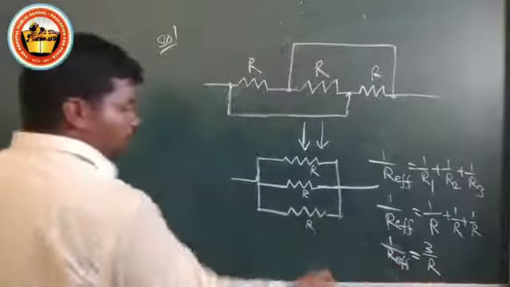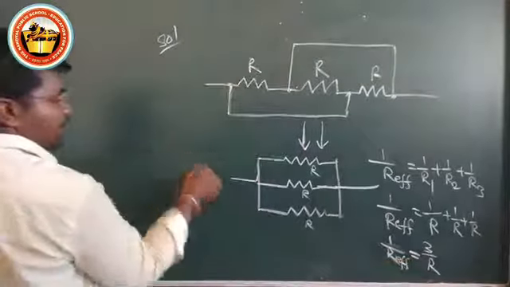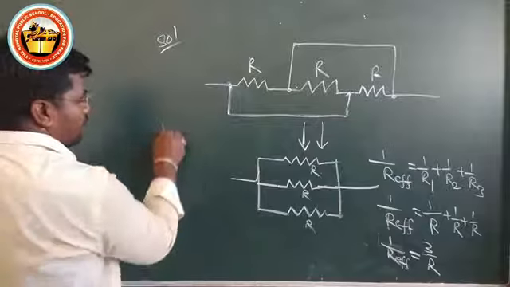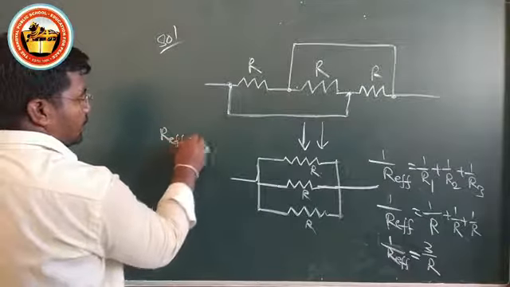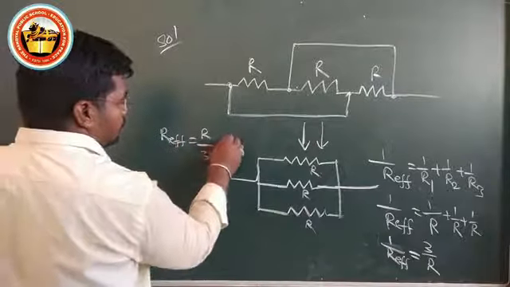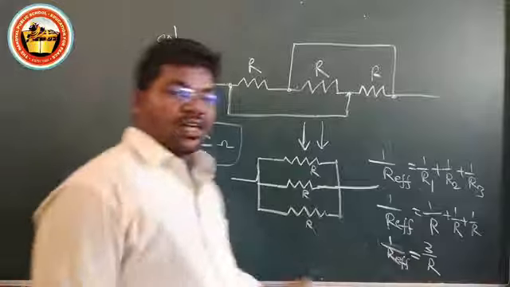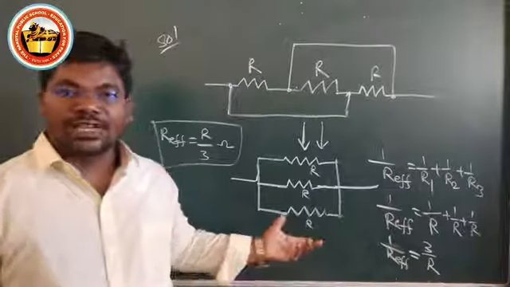So R effective is equal to R by 3 ohms. Be careful, it is very important.